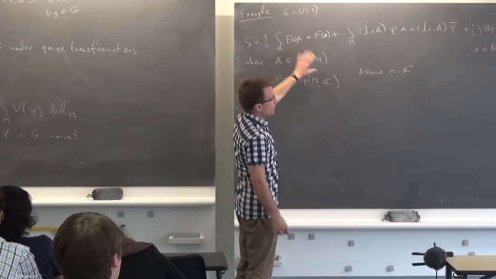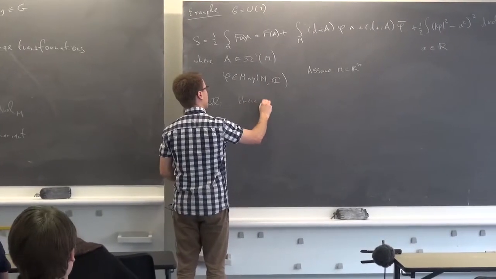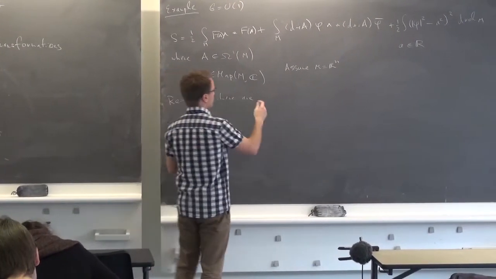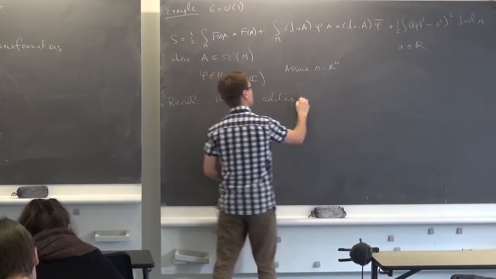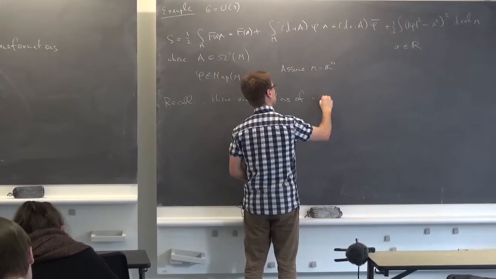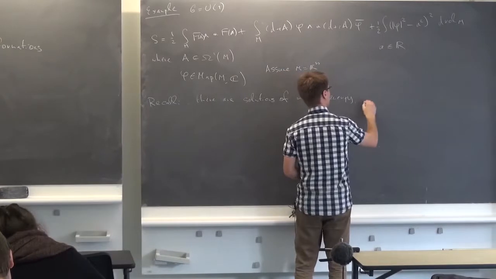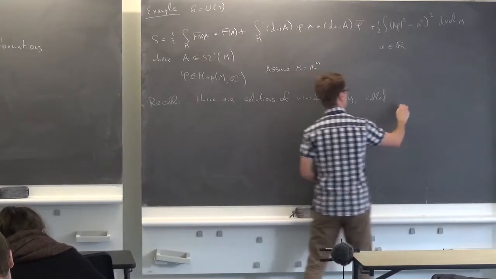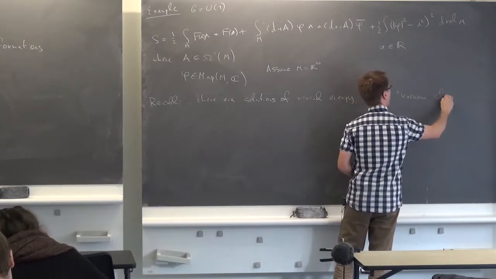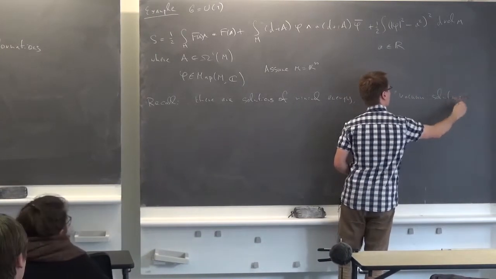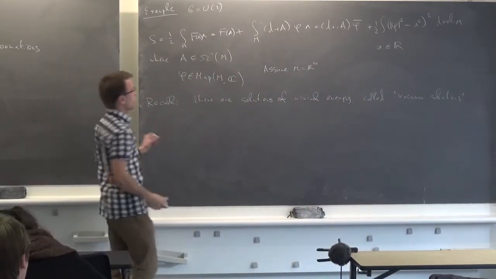And Anton computed the energy just for the scalar field. So there are solutions of minimal energy, which are called vacuum solutions. And for this theory, they look as follows.